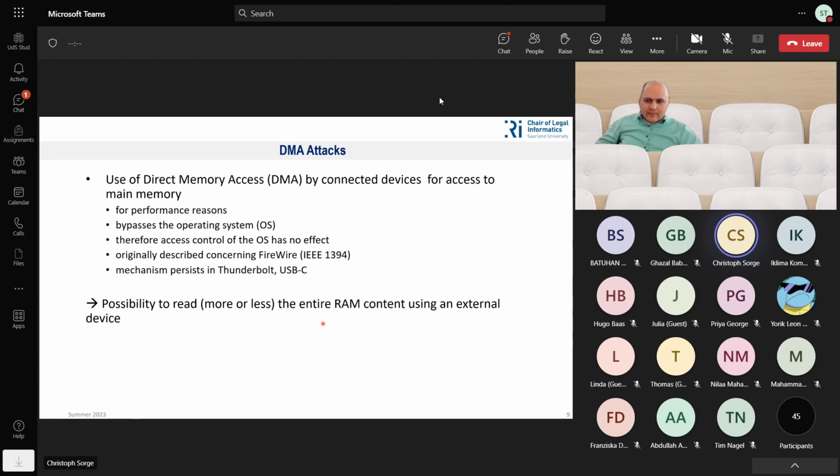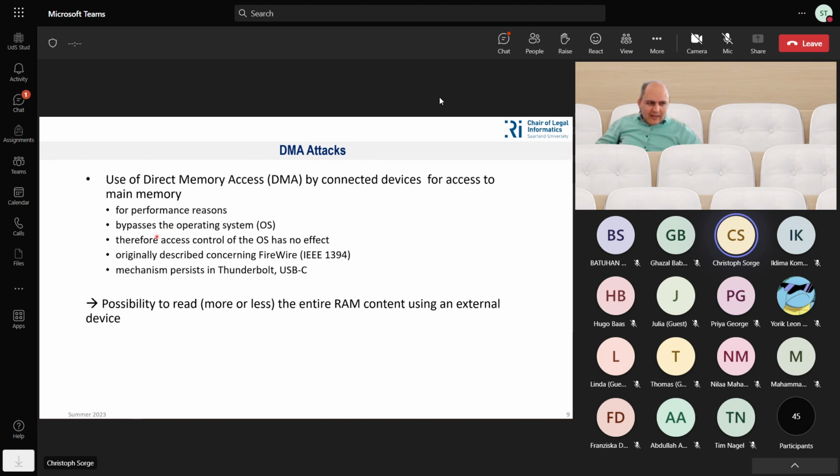So you can directly access main memory contents without causing additional CPU load, which obviously makes sense for performance reasons. So basically you allow some connected external graphics adapter or what else do you typically connect, USB flash drive or whatever, to access main memory while mostly bypassing the operating system and the CPU.